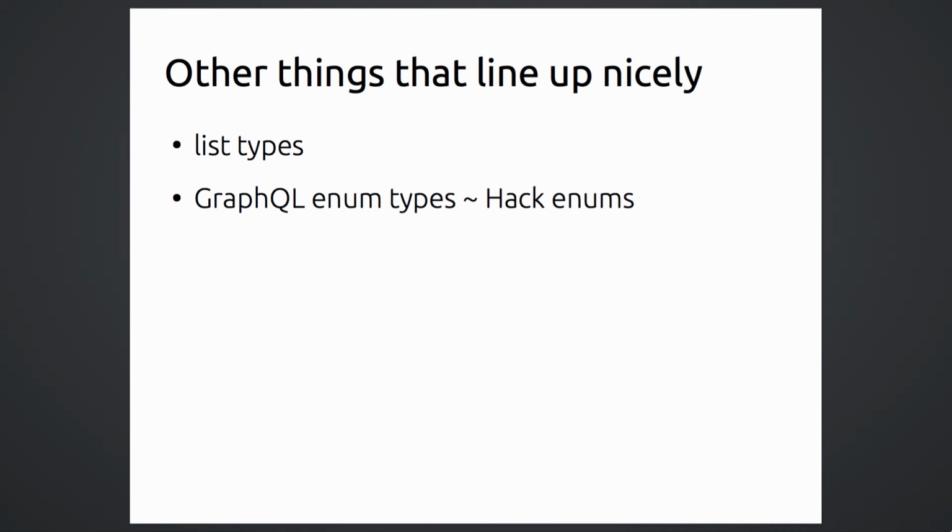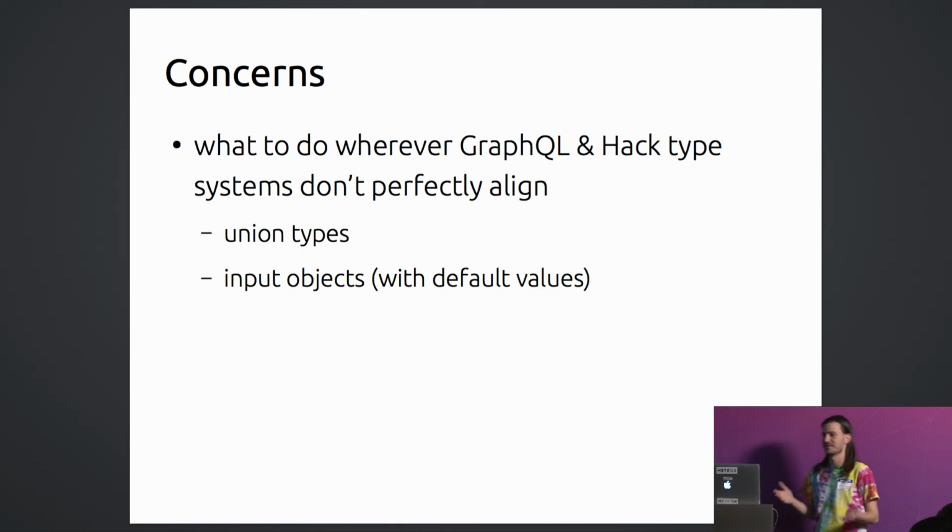So these are some things that would work, but we also have some concerns. No system is without disadvantages. And one open question here is what to do if there are situations where the type systems don't quite line up. I have some examples from where that happens in Hack, but if you try to apply similar concepts to any other language, you'll probably come up with maybe the same, maybe different examples.